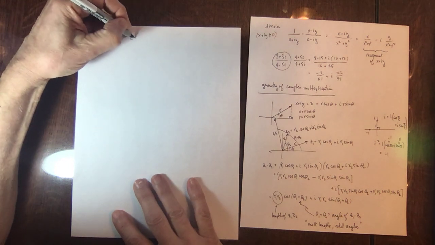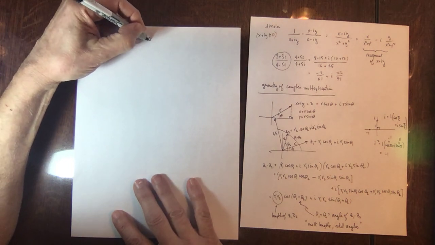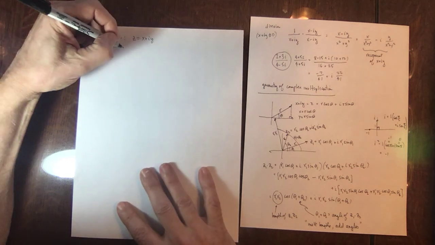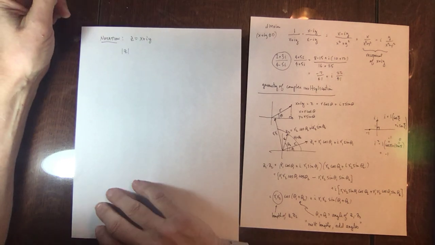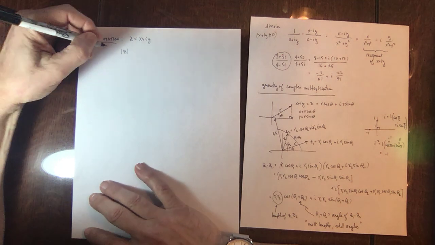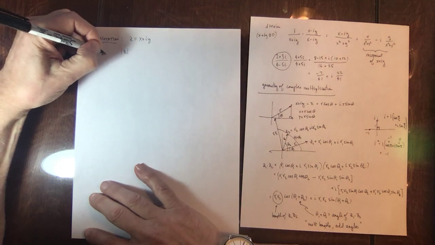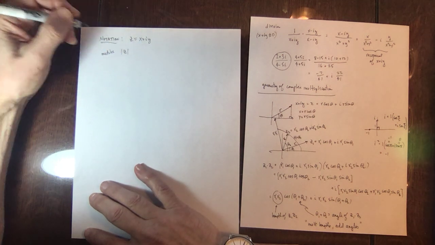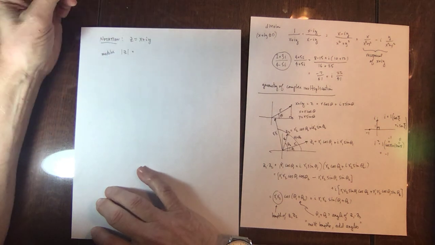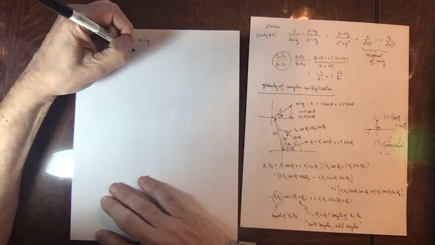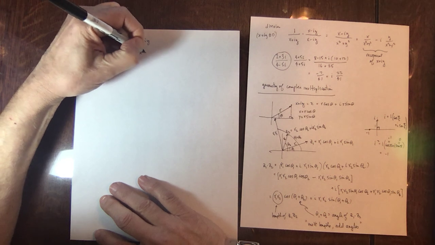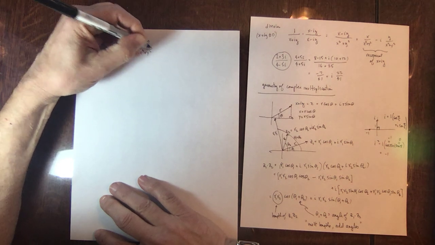So let's see, if z equals x plus iy, then the absolute value of z, or a fancier term, the modulus of z, is just the length. It's just the length of it as a vector. So that's the square root of x squared plus y squared.